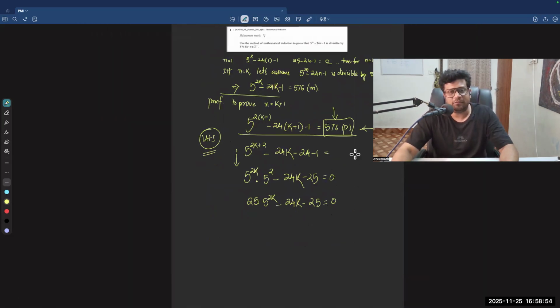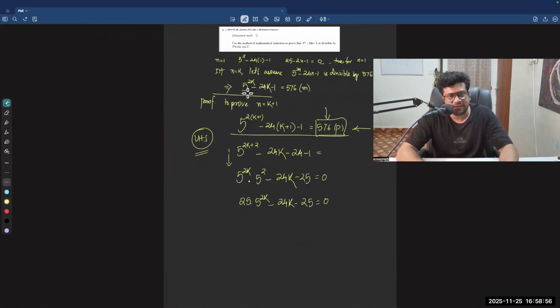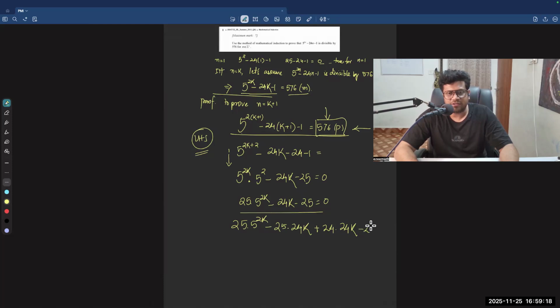Now the point is I'm going to have to bring this in here. Okay, so how do I go about it? Well, I can write this thing as 25 into 5 to the power of 2k minus 25 into 24k plus 24 into 24k minus 25 equal to 0.